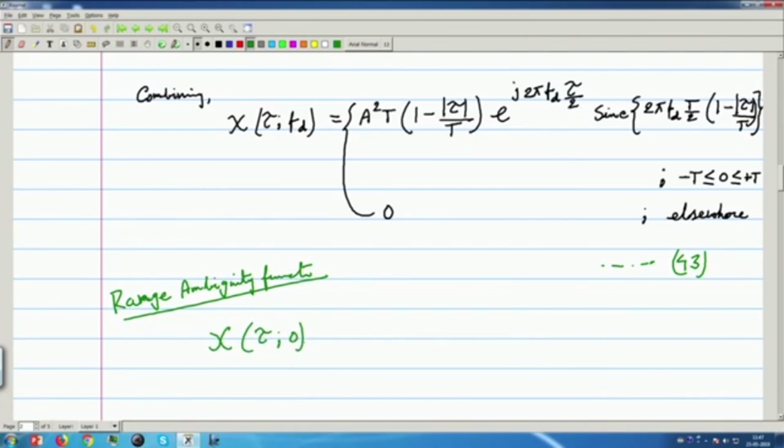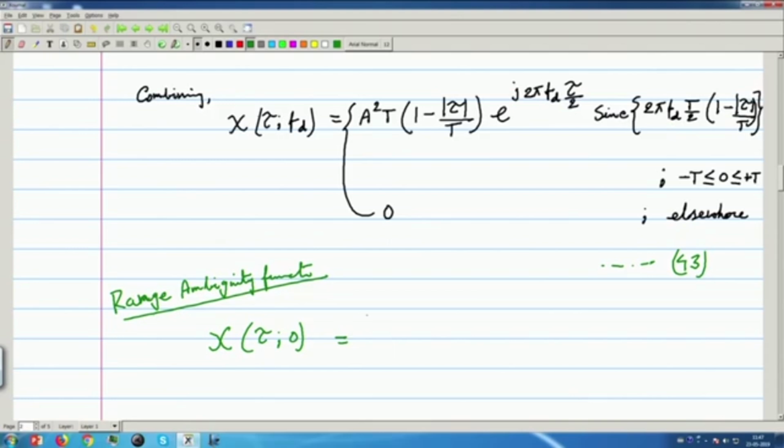So, in this equation, if you put f d 0, what do you get? You see this thing will go, because this will become 1, then in the sinc case it will be 0. So, sinc of 0 is 1.